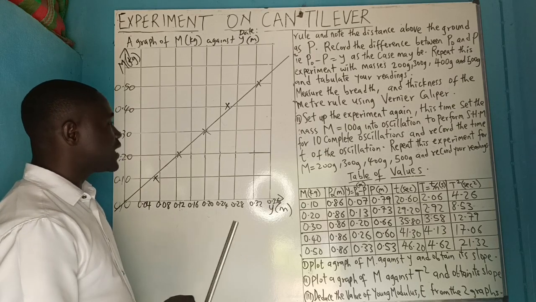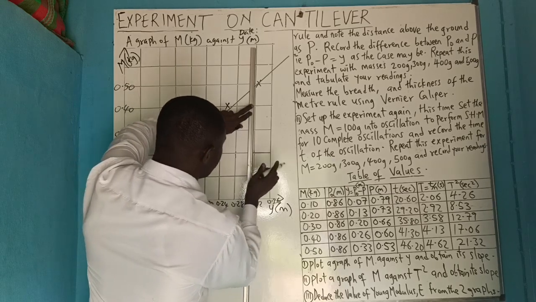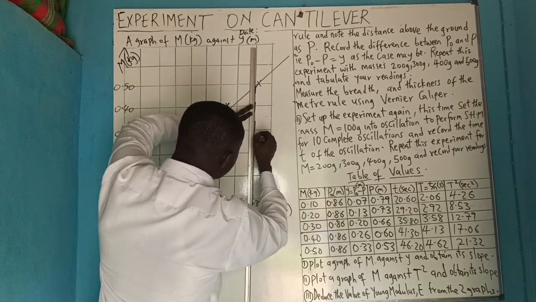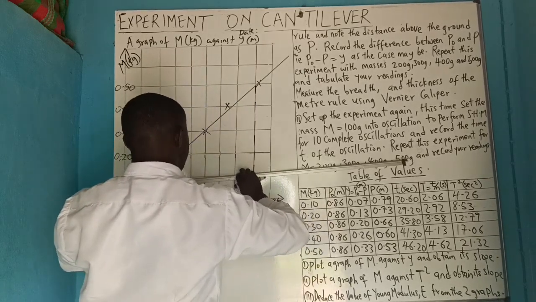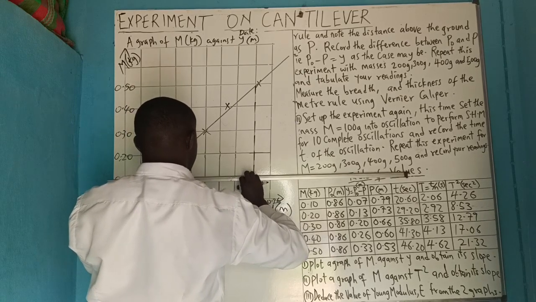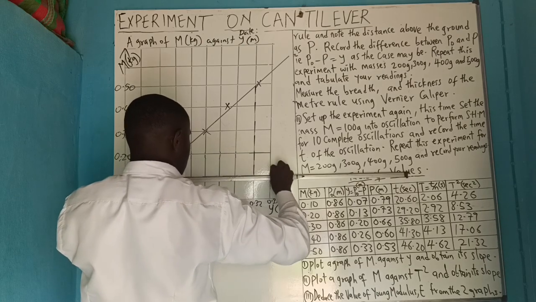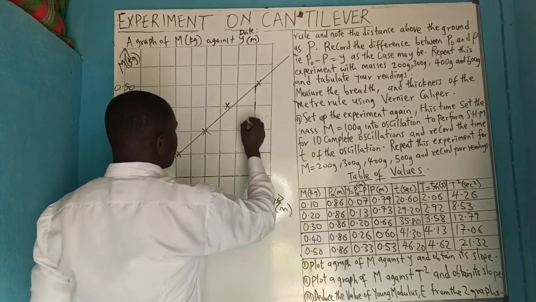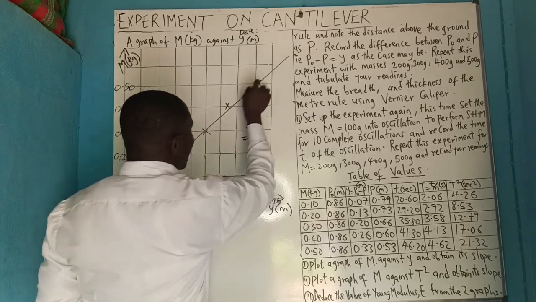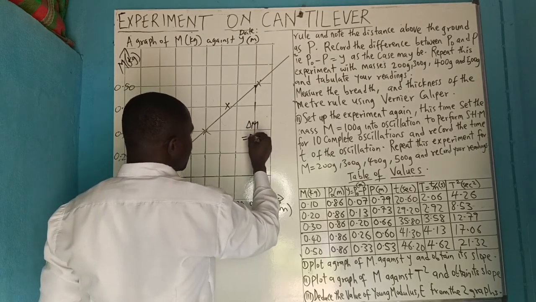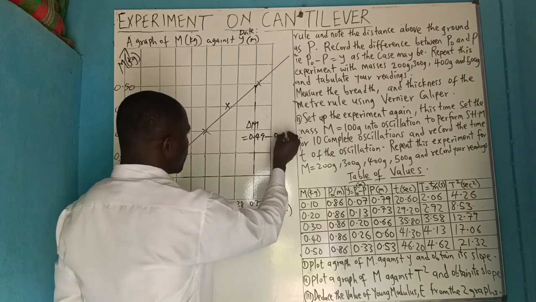Now, next is to get our slope. To get our slope, we draw our vertical line, and our horizontal line. So we say change in M equals to, this point is about 0.49 minus this point is 0.10.